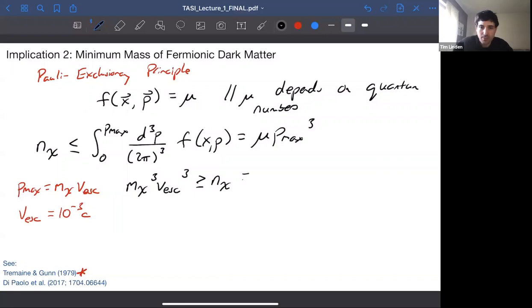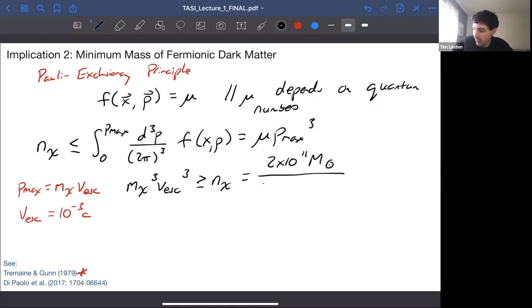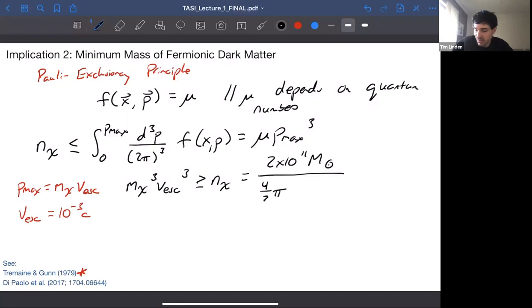And just taking those numbers, I said we're just picking these same numbers over and over again for no reason, this is 2 times 10 to the 11, 2 now because I'm just considering the dark matter mass. And this is for pi times 35 kiloparsecs to the third, and the dark matter mass goes down there.